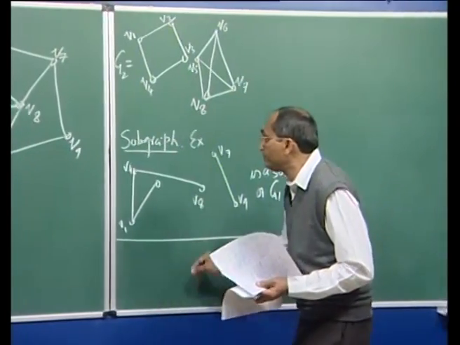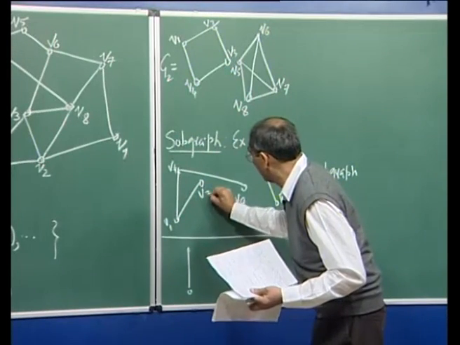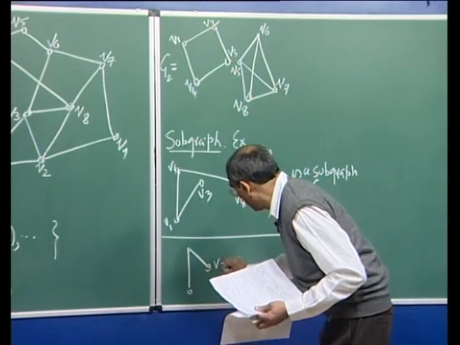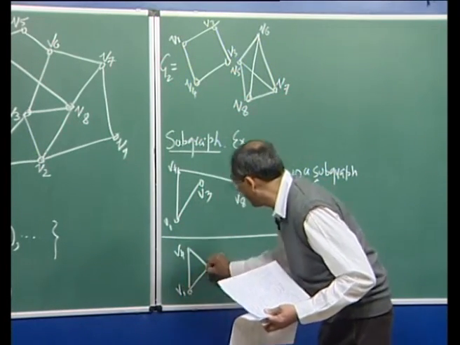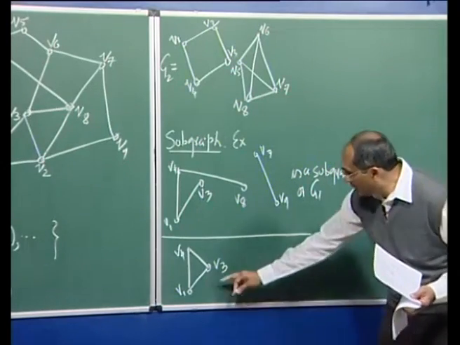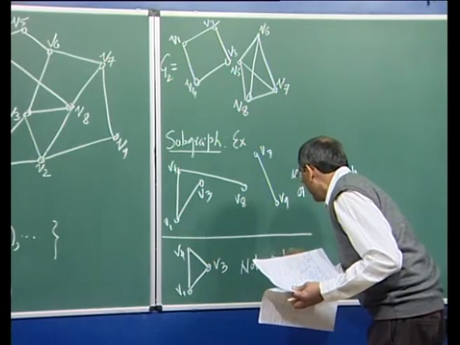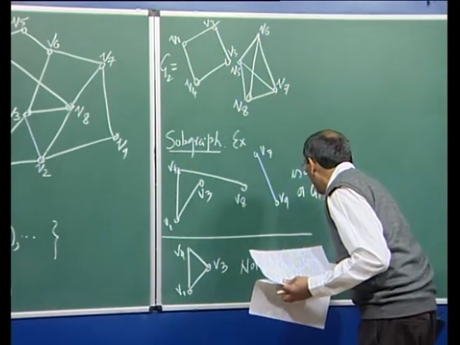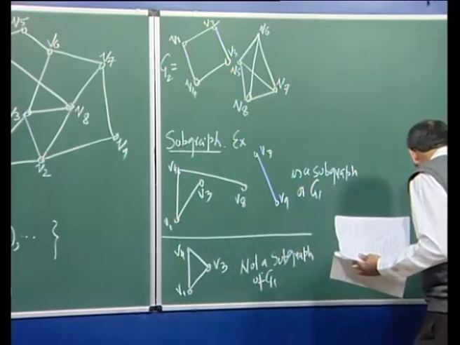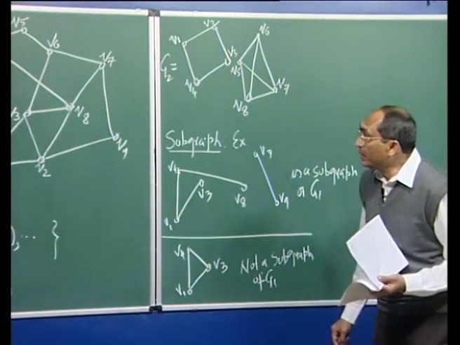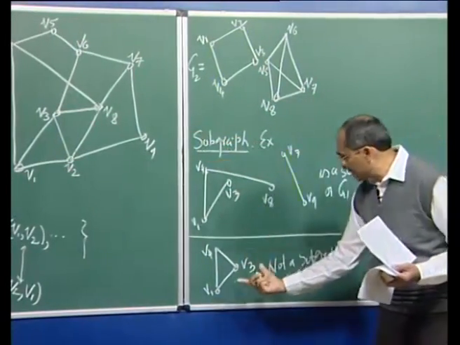On the other hand, this one with V3 is not a subgraph of G1. The reason being, edge V3, V4 does not belong to G1, hence this is not a subgraph.